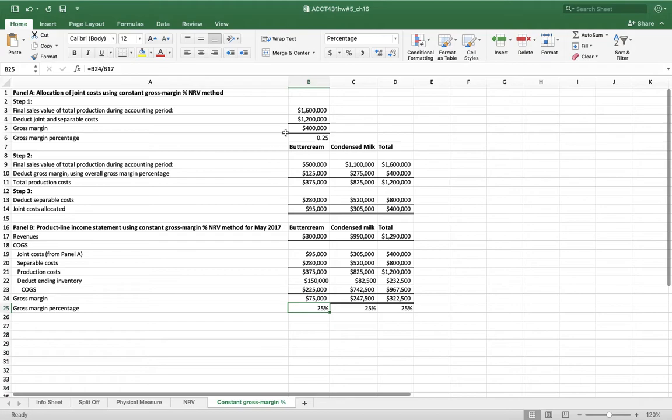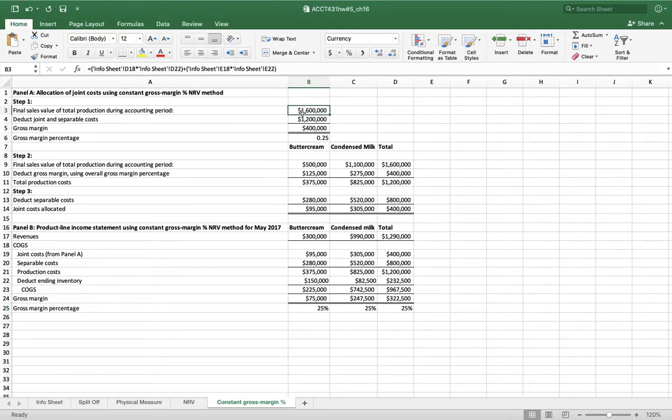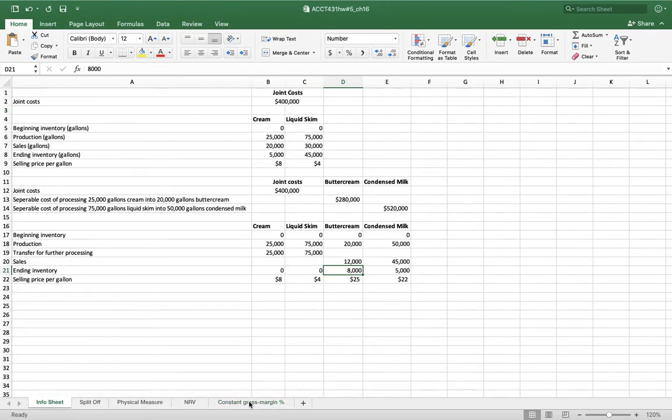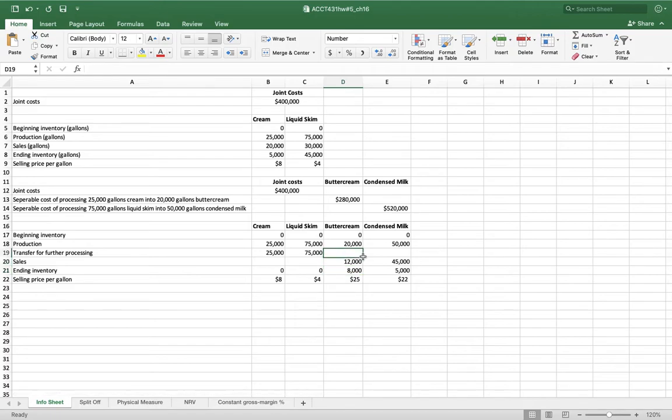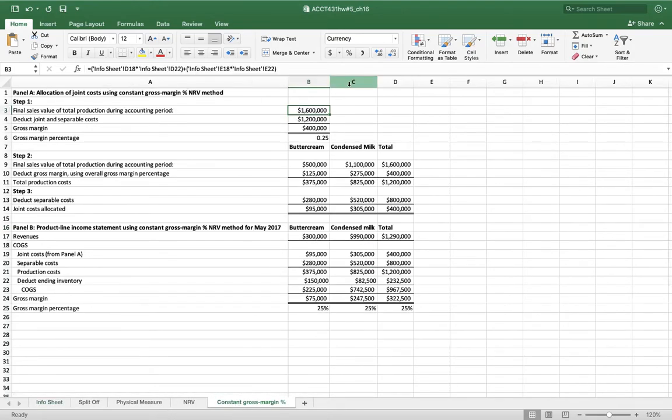So for step 1, the final sales value of total production during the accounting period. You take the production times the selling price per gallon given on the info sheet over here, and then you add the same thing for the buttercream and the condensed milk. So it will be 20,000 times 25 plus 22 times 50,000 is how you're going to get the final sales value.